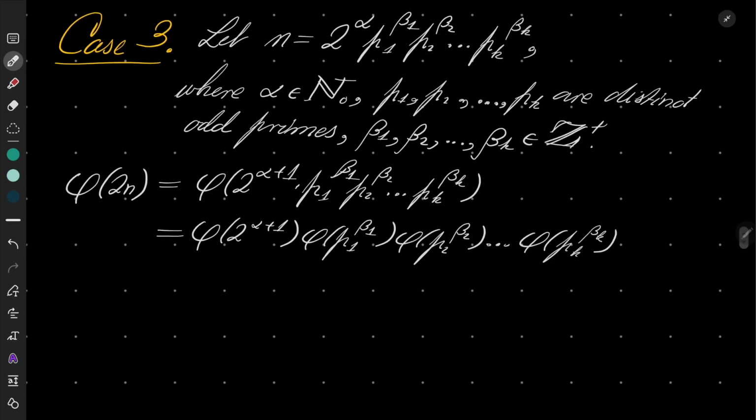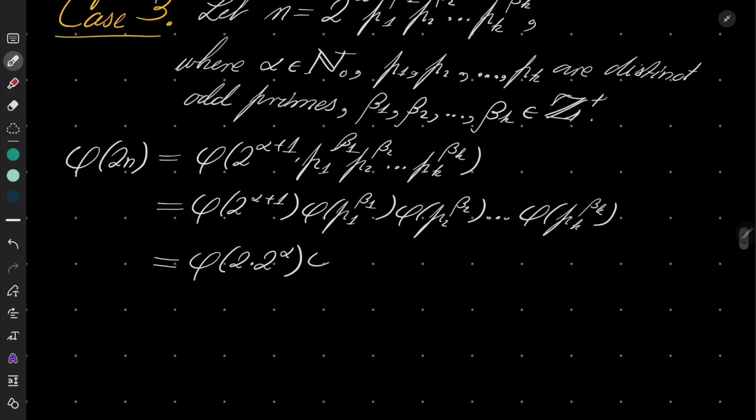And now let's do the following. 2 to the power alpha plus 1 is 2 times 2 to the power of alpha. Phi of p1 to the power beta 1 is the same as phi of 2 p1 to the power beta 1. Why is that? Because this part is odd. It's one of the properties of phi function. Here as well.